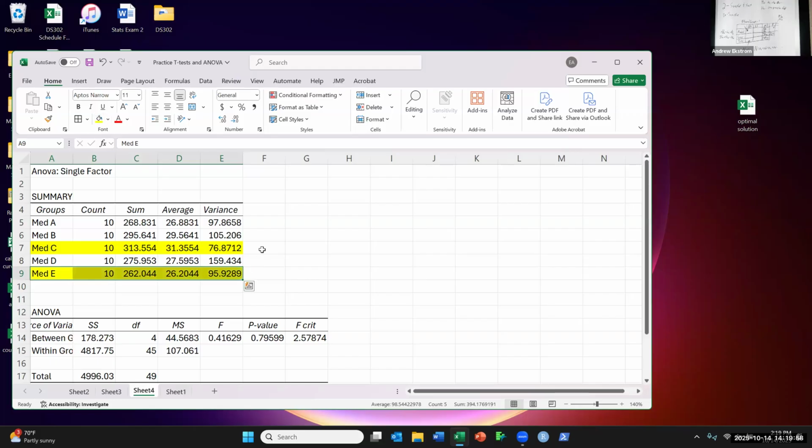Again, if we're going to be doing this on a test, you need to figure out what goes in these degrees of freedom here. You need to figure out what goes in these sum of squares and what goes over here. You can see the F critical value off on the side. That's going to give you an indication about whether or not the value you just calculated for here is important or not.